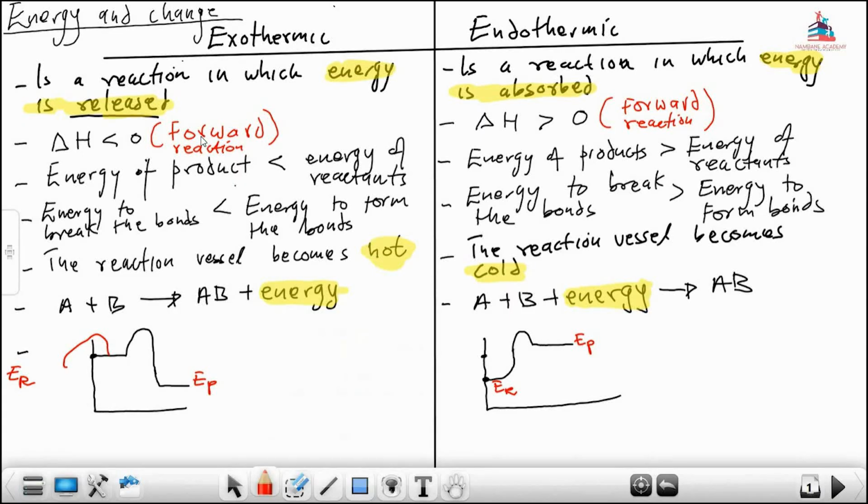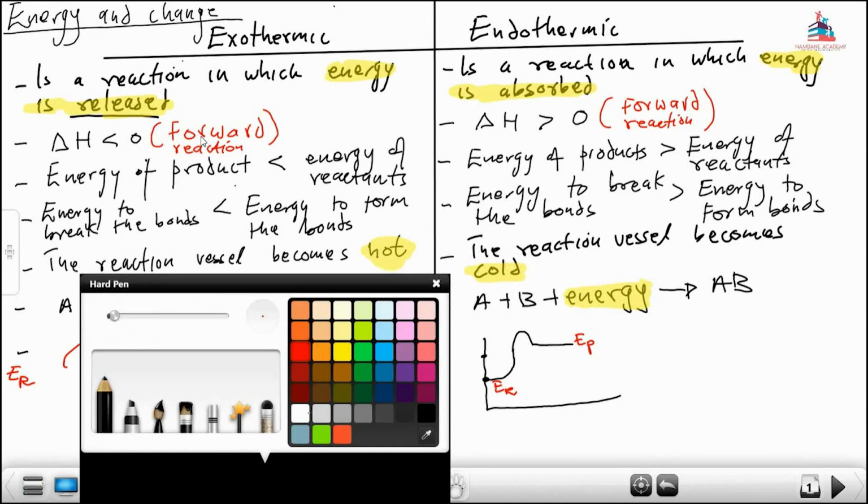But there are a lot of things that one can be in a position of understanding. What is it? We are told that delta H is actually equals to energy of the products minus now energy of the reactants.